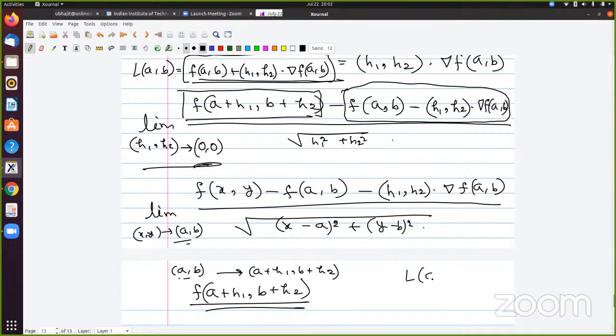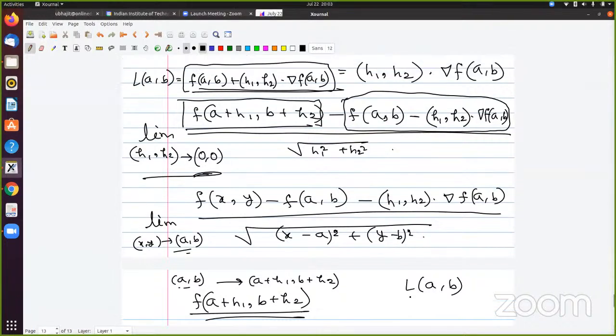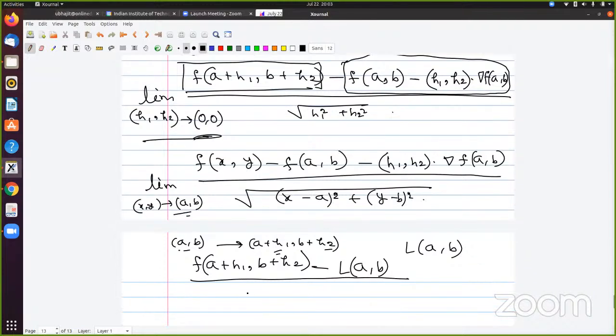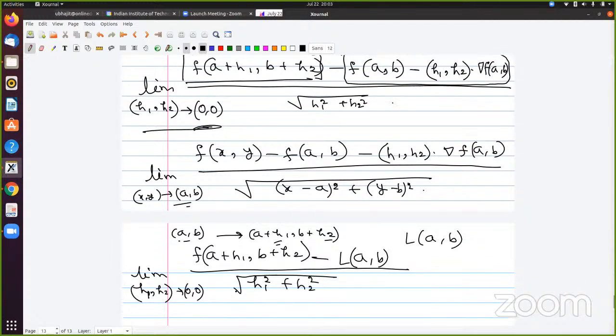If we make this change, h1 and h2, very small, then the error in approximating the change in functional value should be minimized. Then we will get a perfect linear approximation. That will only be possible if this function is differentiable. That's why we get this.